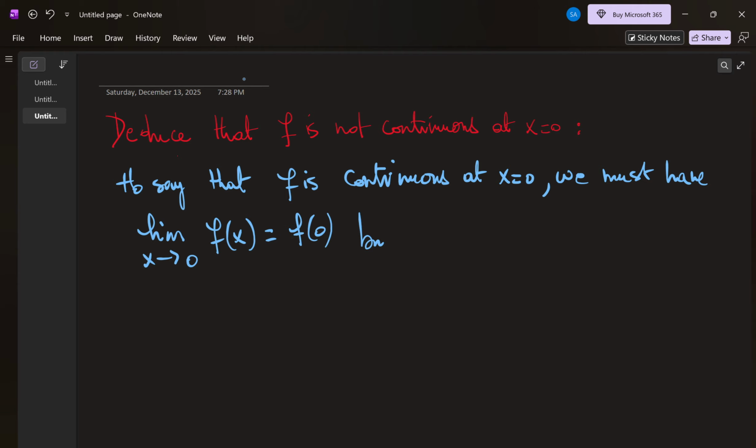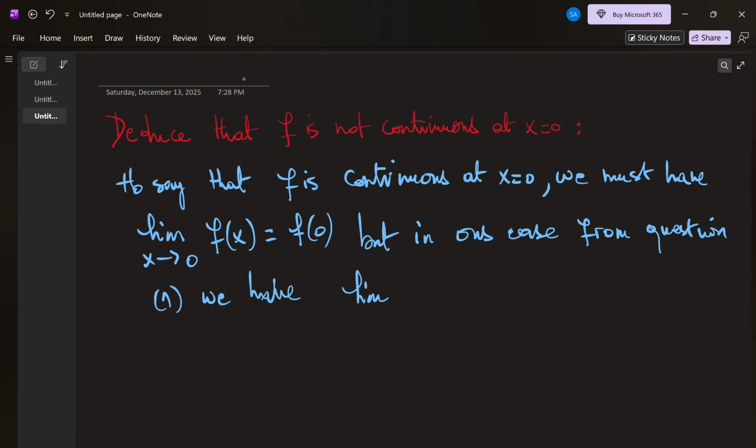But in our case, from question 1, we have the limit of f of x is equal to 0 as x approaches 0, and f of 0 is equal to 5.